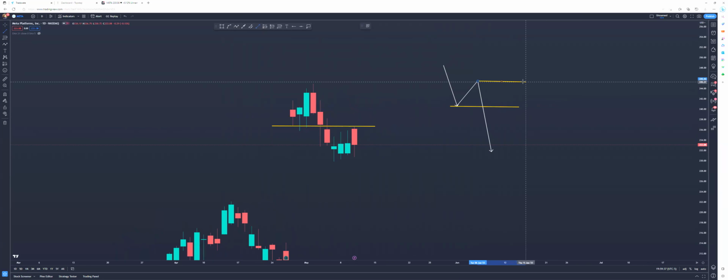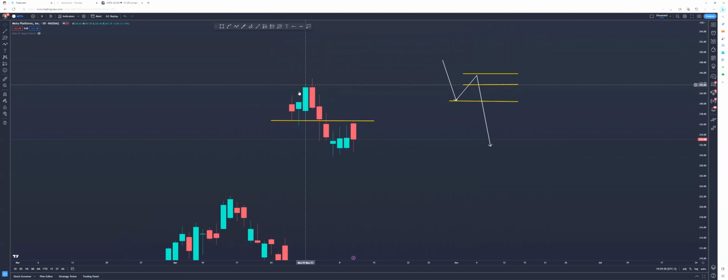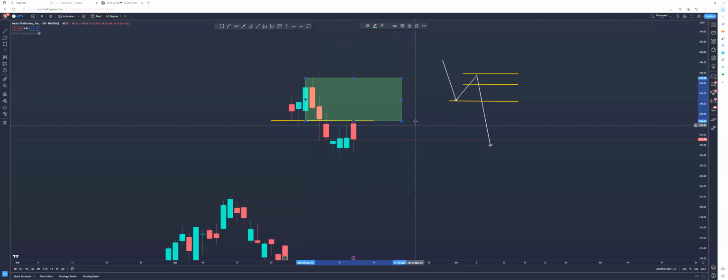Sometimes there's even going to be a break and retest, but I'm trying to get y'all to understand this part, right? So we have this part. This is our order block, and it's going to be the last bullish candle before the breakdown. So we're going to say the last bullish candle and the highest point. So we have the highest point right here, and we're going to have that candle. Okay, so let's go ahead and draw that. We're going to make that red.